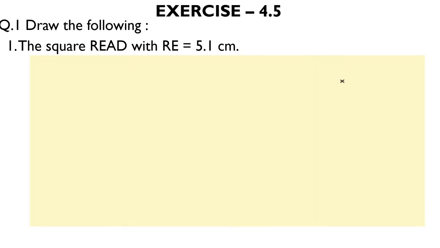So first we draw the rough sketch of the given square READ. Also, we mark the vertices along with the given measurement. In given measurement, one side is 5.1 centimeter, so remaining 3 sides will also be 5.1 centimeter.